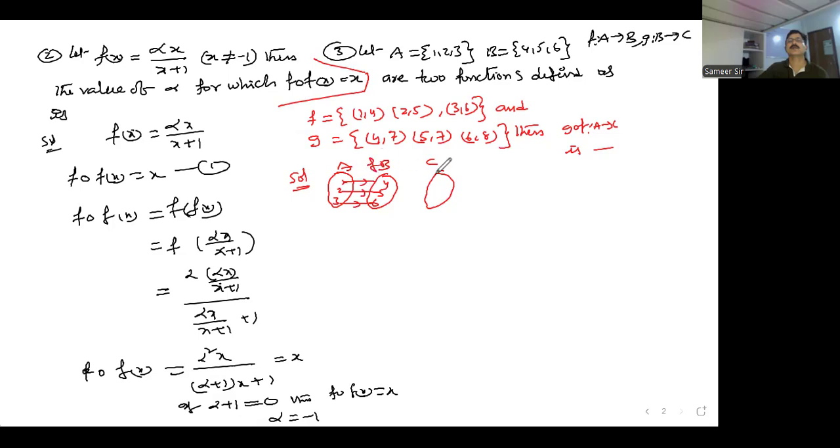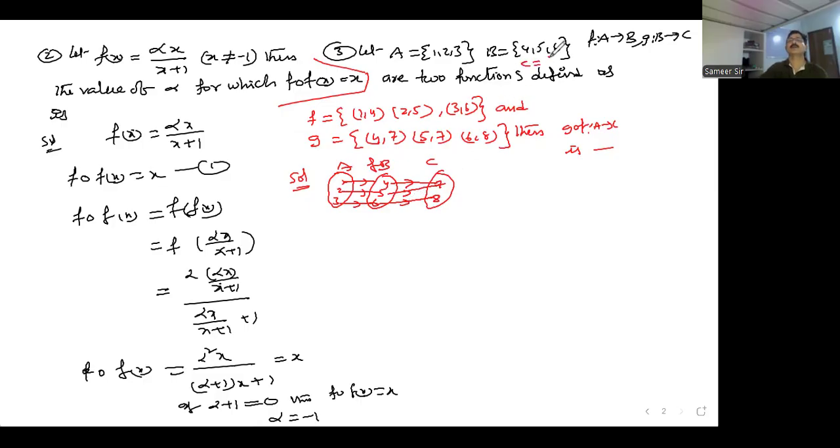Then from B to C, 5 maps to 7 and 6 maps to 8.